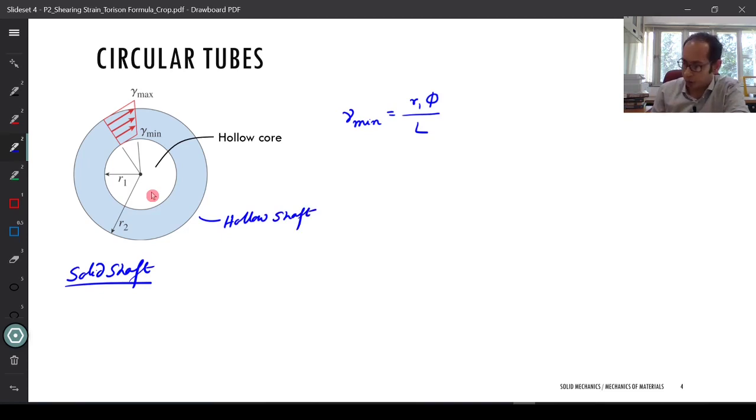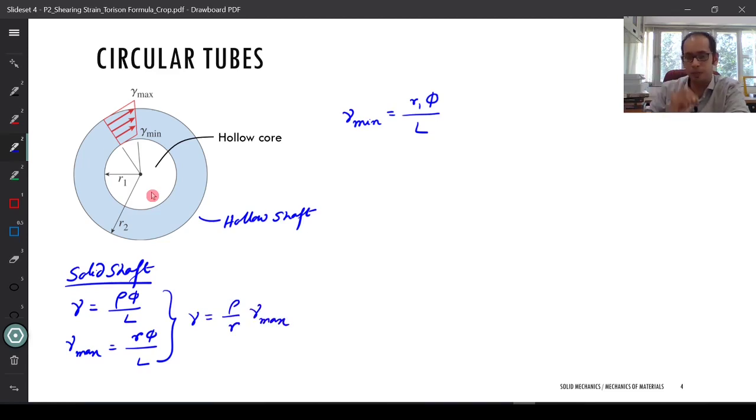For the solid shaft, the expression was gamma equals rho times phi by L. We had gamma max happening at r, rho phi by L. And using this, we derived the relationship that gamma equals rho by r times gamma max. This is what we wrote a page before.